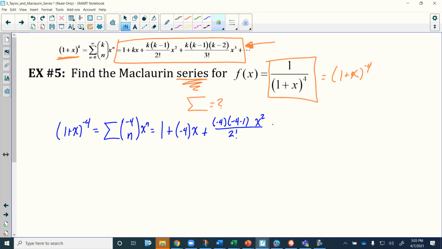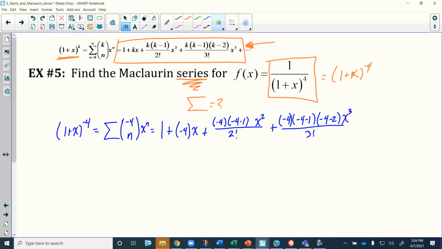And then again, plus, and it's not telling us how far to go, so I'll just make this my last one because it's not telling us how many terms it's asking for. So again, negative 4 times (negative 4 minus 1) times (negative 4 minus 2) over 3 factorial, and I forgot my x cubed here.